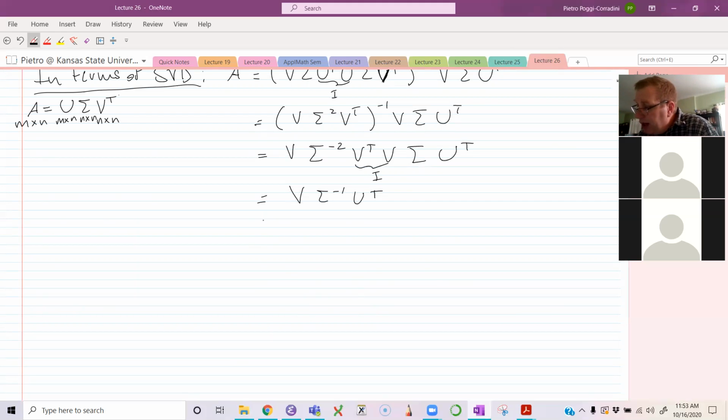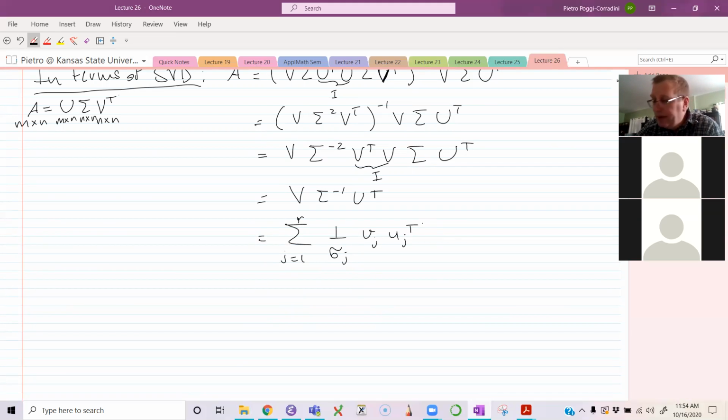And moreover, you can write this in this other notation as basically 1 over sigma j, dj, uj. Right?